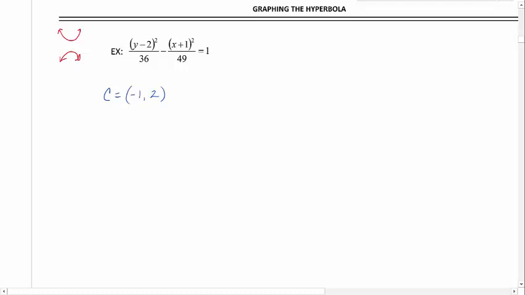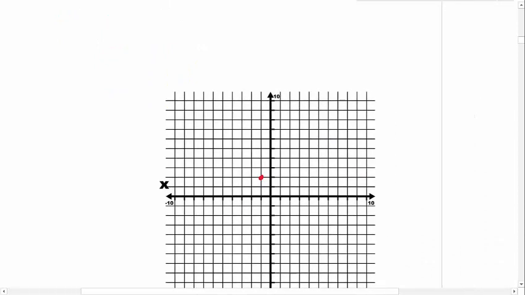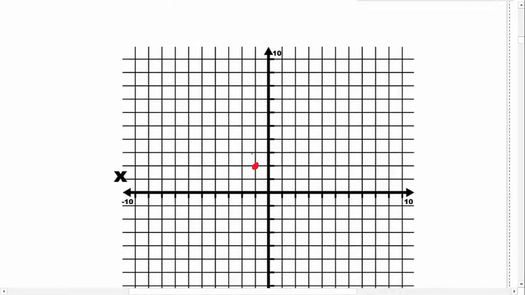So 6 up and down. And then 7 left to right. We'll use these 4 points to create our rectangle.